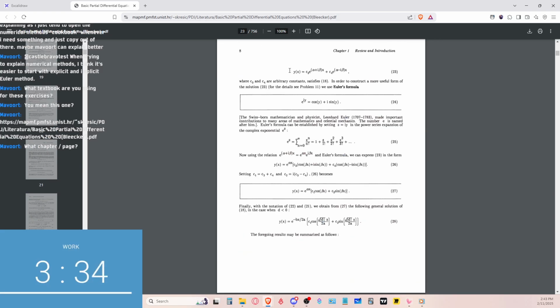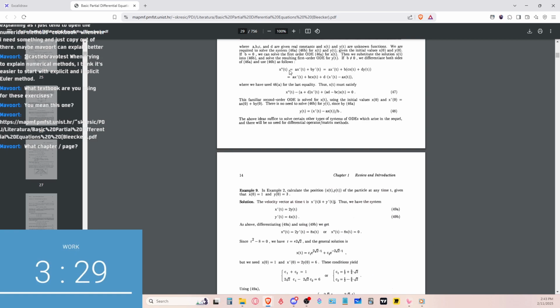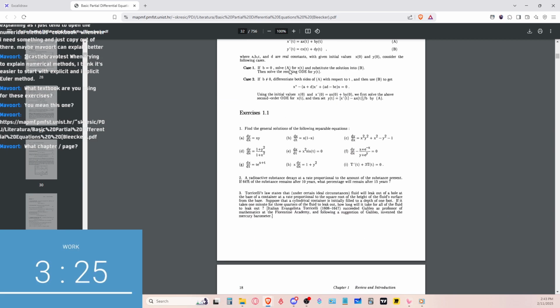That's probably why I didn't use this, because they don't have a bookmark section in this PDF. Yeah, I'm doing this question right here, page 17 of section 1.1.